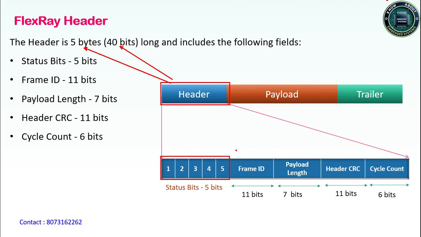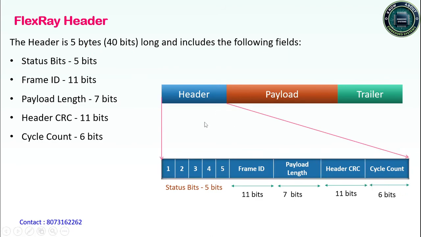One is the status bits, second is the frame ID, third is the payload length, next is the header CRC, and next is the cycle count. So there are totally 5 sub-units defined under the header.